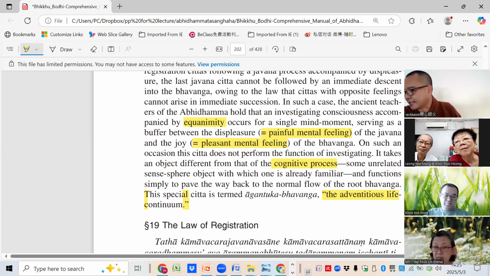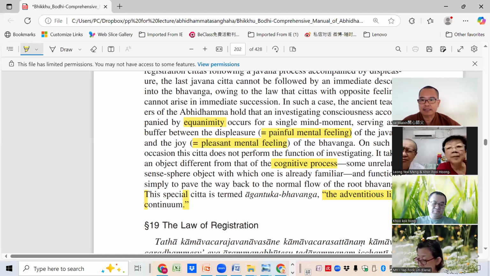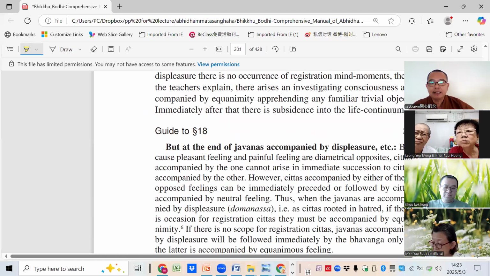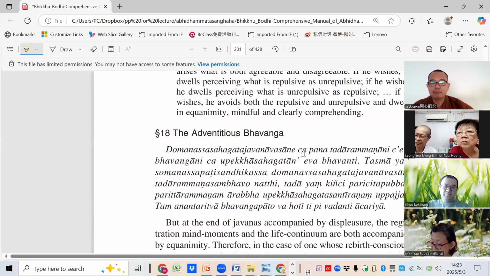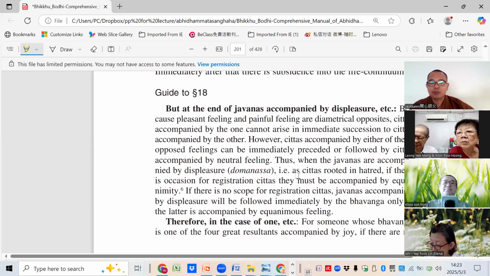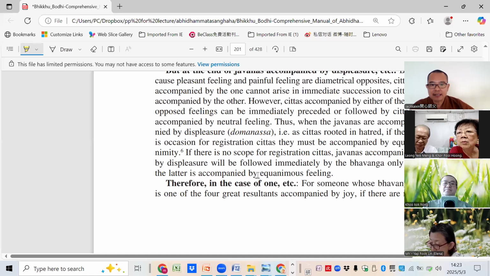Okay, so let's continue. Okay, class, let me try to tell you what this relates to. 你睇下，呢度有一個叫做 advantages，bhavanga，主要係 want to connect。This class is about the equanimity.